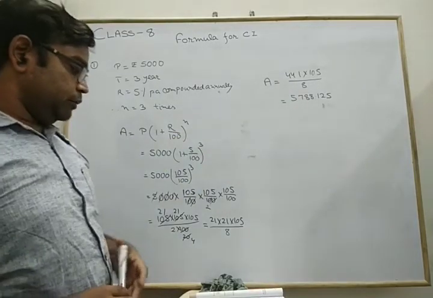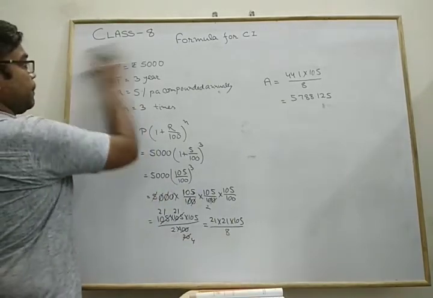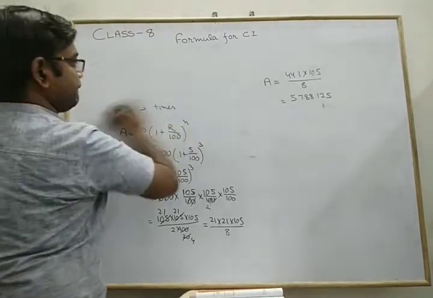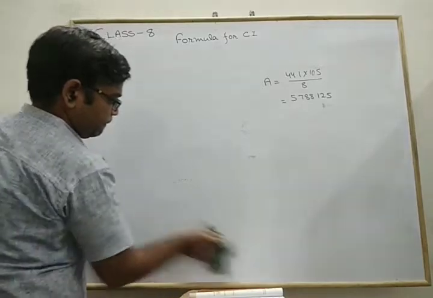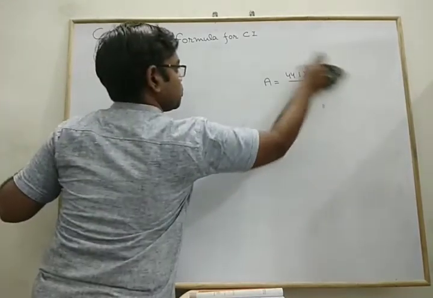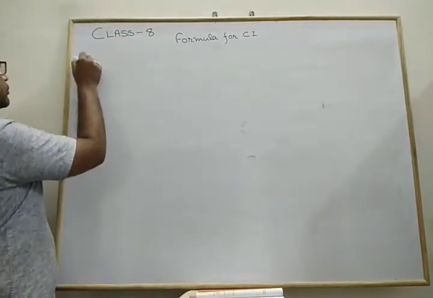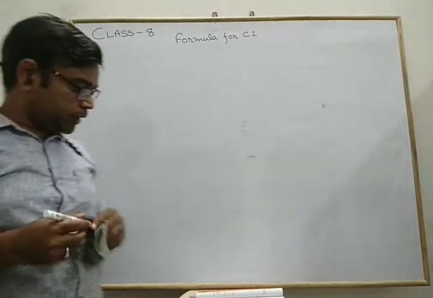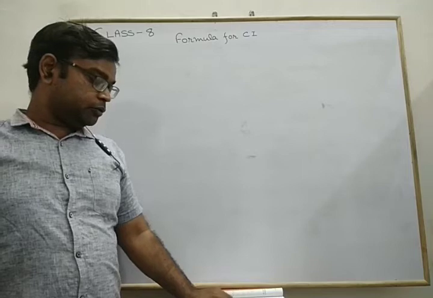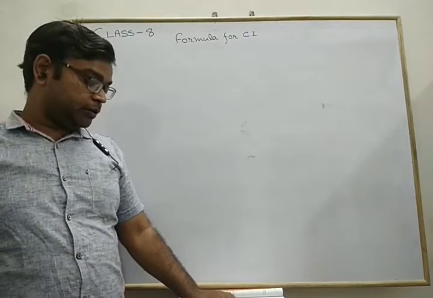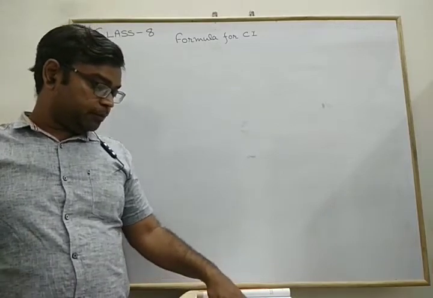Now we discuss the next question, question number 3. In question number 3, it says: how much will rupees 25,000 amount to in 2 years if the rates for the successive years be 4% and 5%.